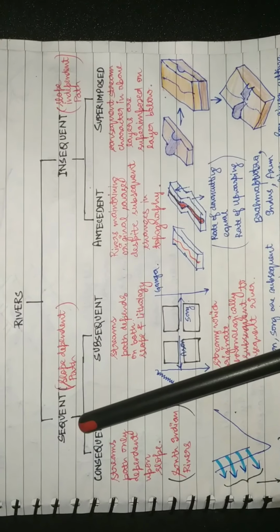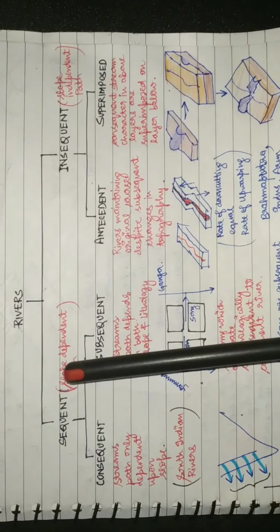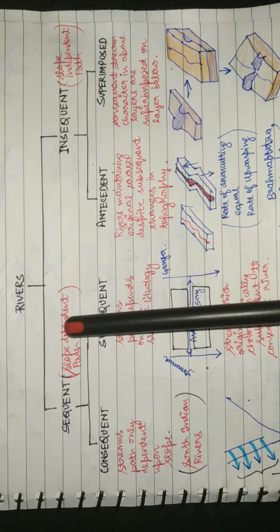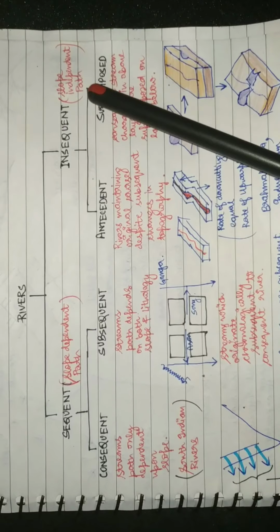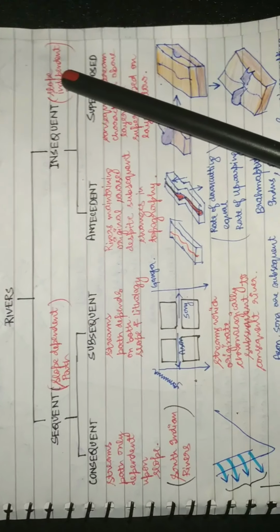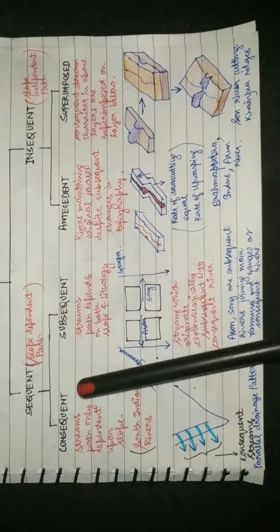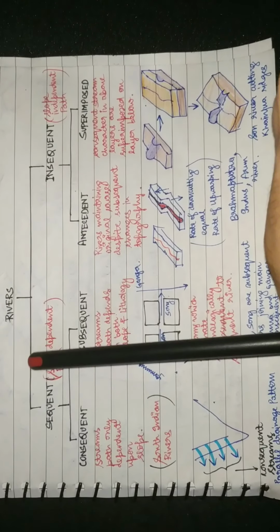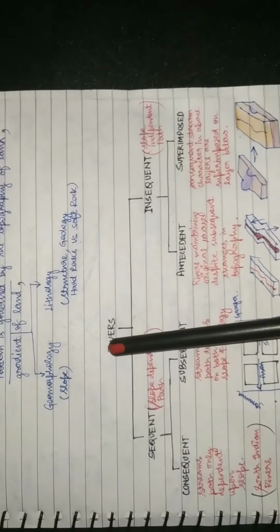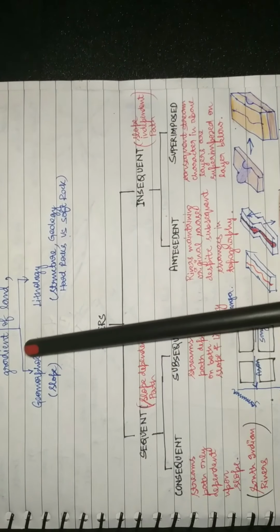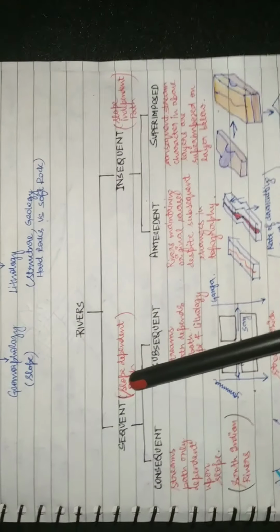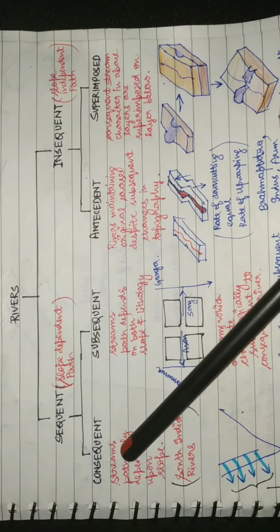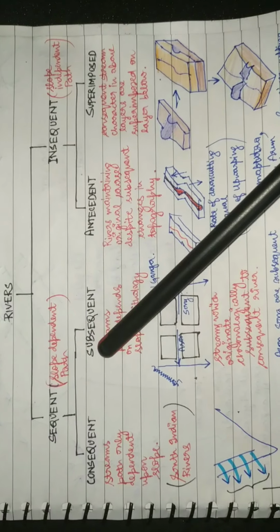Now rivers can be divided into consequent and insequent. Consequent are the rivers which are slope dependent, and insequent are the rivers which are slope independent. Okay, now again, consequent rivers, that is the rivers which follow the geomorphology, that is the slope, can be divided into two parts, the consequent and the subsequent, right?